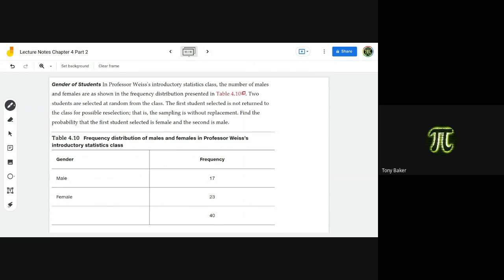Hold on, I've got to find the problem. There we go. Two students are selected at random from the class. The first student selected is not returned to the class for possible reselection. That is, it is sampling without replacement. That matters.